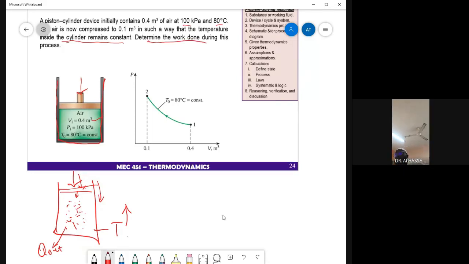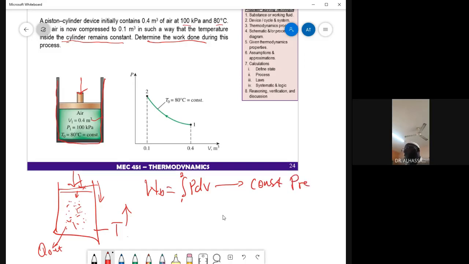So if you don't understand this, and then you say, oh, the work done is given by, so we know generally that the boundary work is defined as what? Integral of P dV from state 1 up to state 2. This equation is valid only for a constant what?